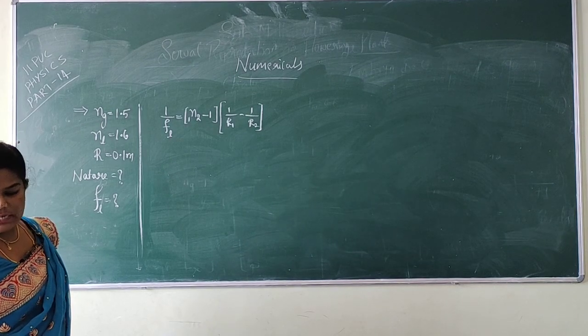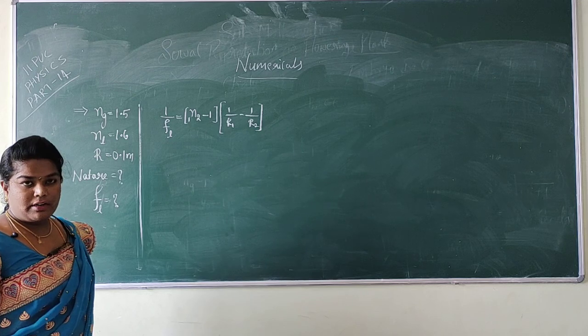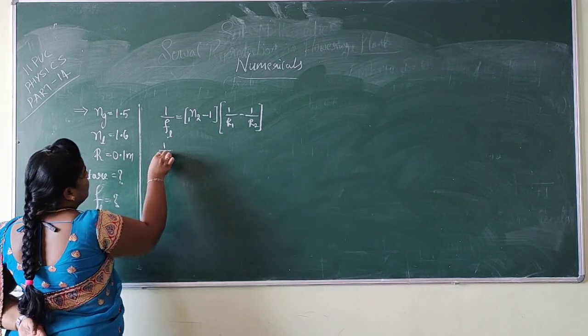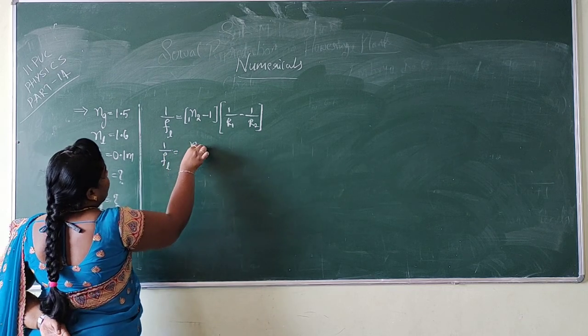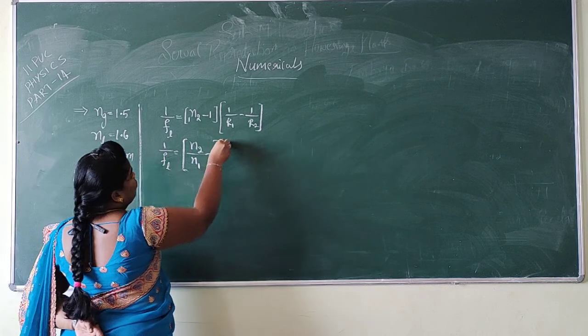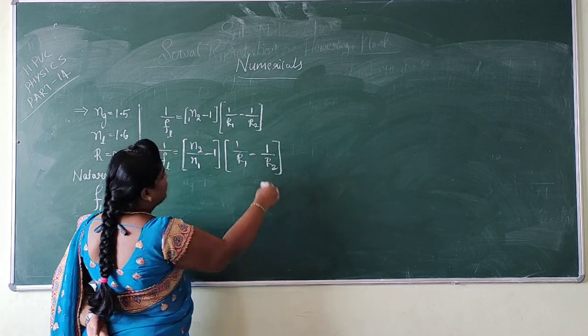Now you know that for a convex lens, R1 is positive and R2 is negative. ಆಗಲೇ ಫಸ್ಟ್ ನ್ಯೂಮರಿಕಲ್ ಅಲ್ಲಿ ನಾನು ತೋರಿಸ್ಕೊಟ್ಟೆ. So here 1/fl is equal to n2/n1 minus 1, into 1/R1 minus 1/R2.